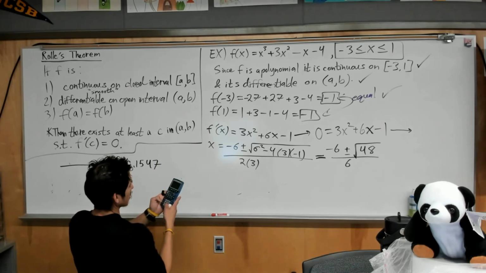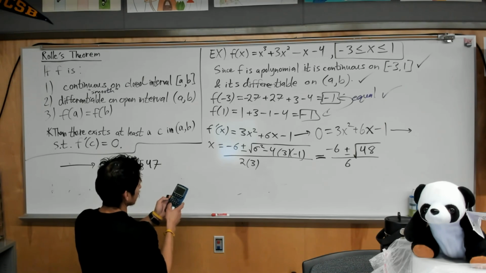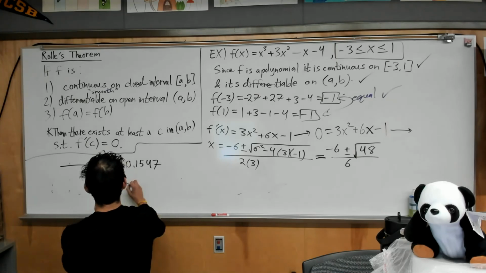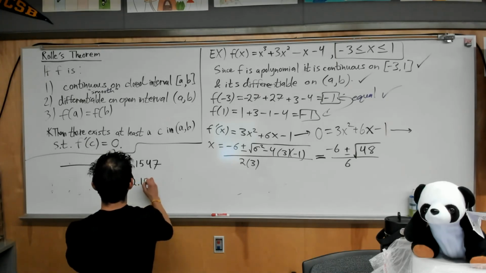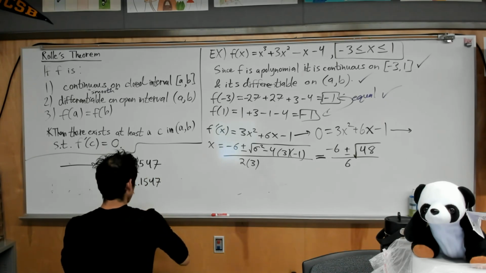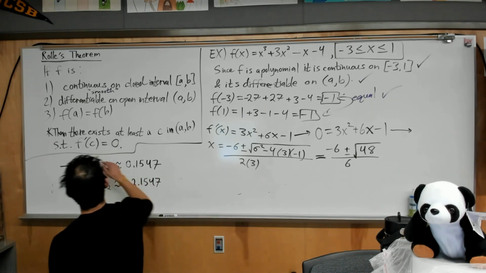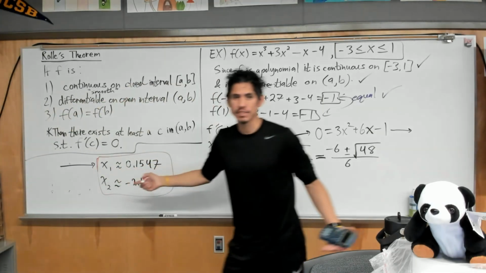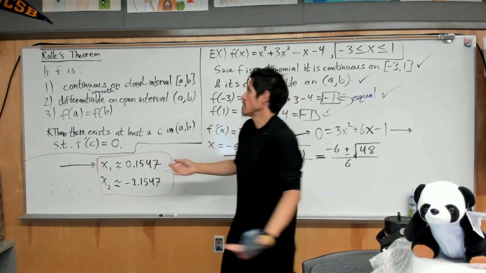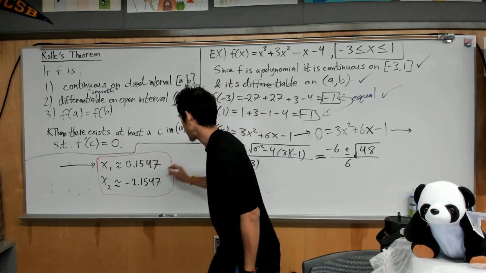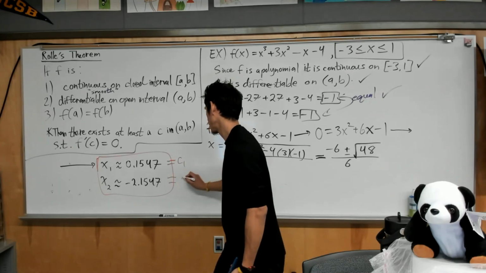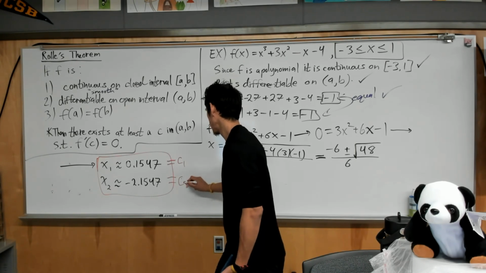And for the other one, -6 minus the square root of 48 divided by 6, -2.1547. Now, even though I put x, these are just going to be your c values. So we can call this c1, and this c2.